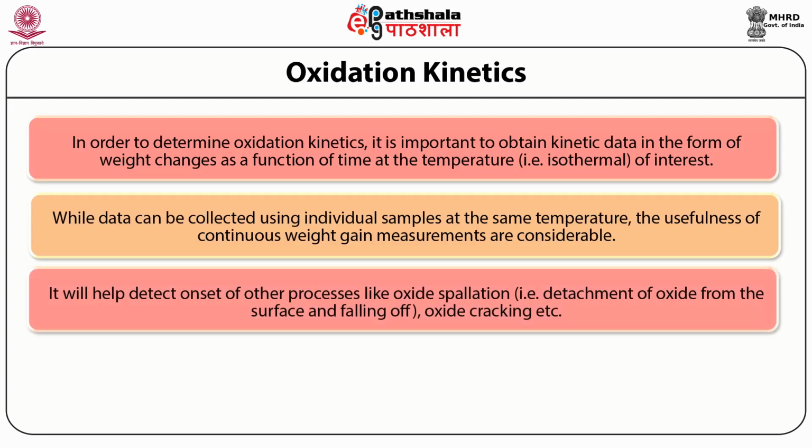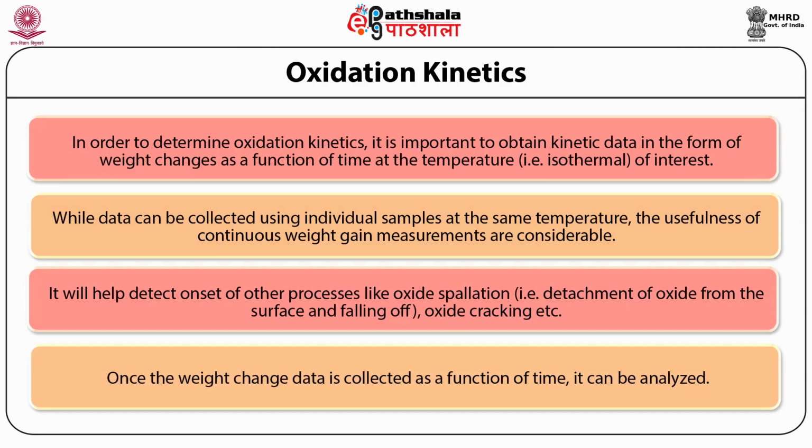It will help to detect the onset of other processes like oscillation and oxide spallation, that is, detachment of the oxide from the surface and falling off, oxide cracking, etc.